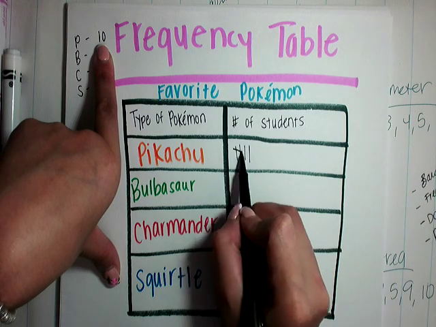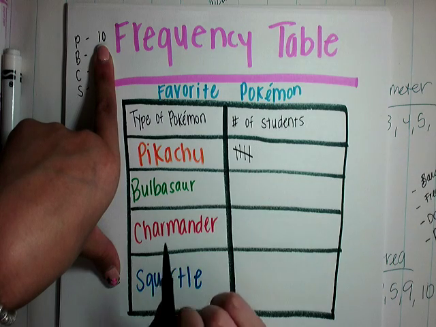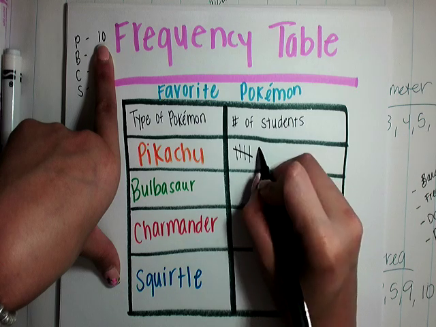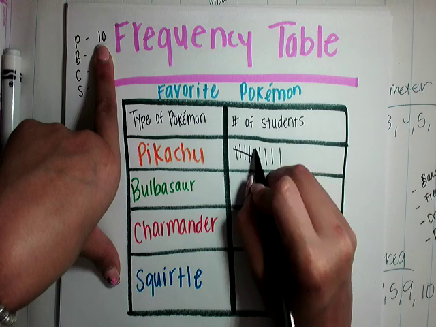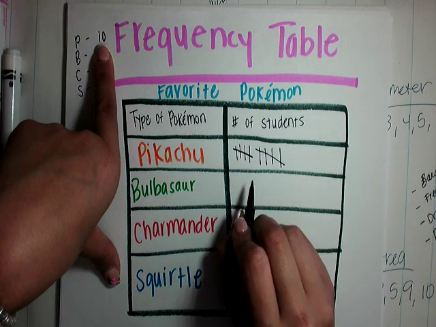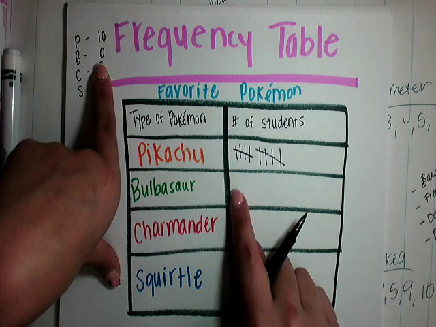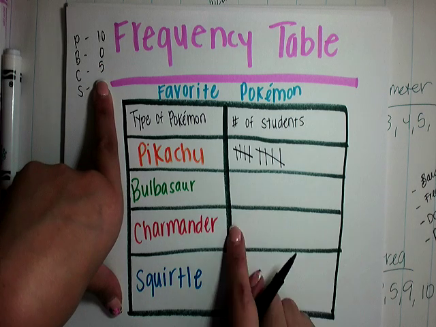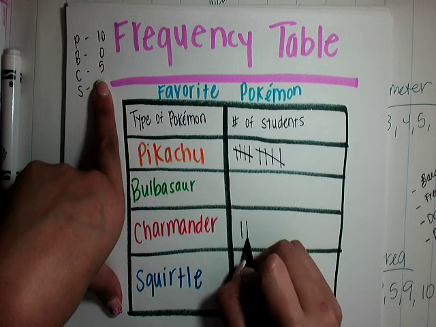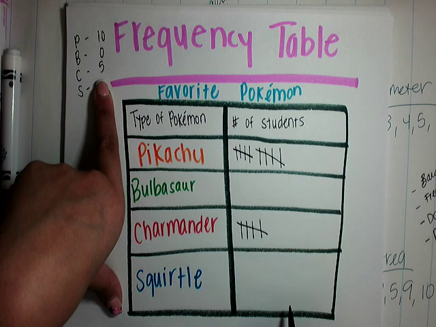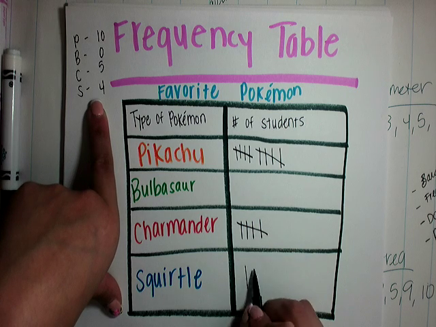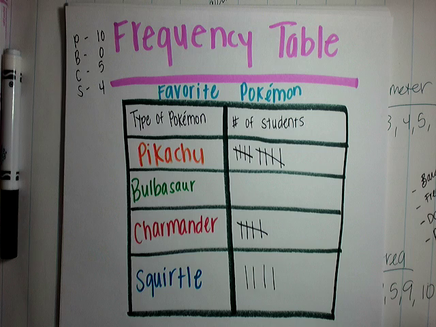Then I'm going to go across all of them, and that makes 5. So that is 5. 6, 7, 8, 9, 10. So that's 10. Bulbasaur didn't have any, so I'm not going to write anything there. Charmander had 5. So 1, 2, 3, 4, 5. And then Squirtle had 4. 1, 2, 3, 4. So this is a frequency table.